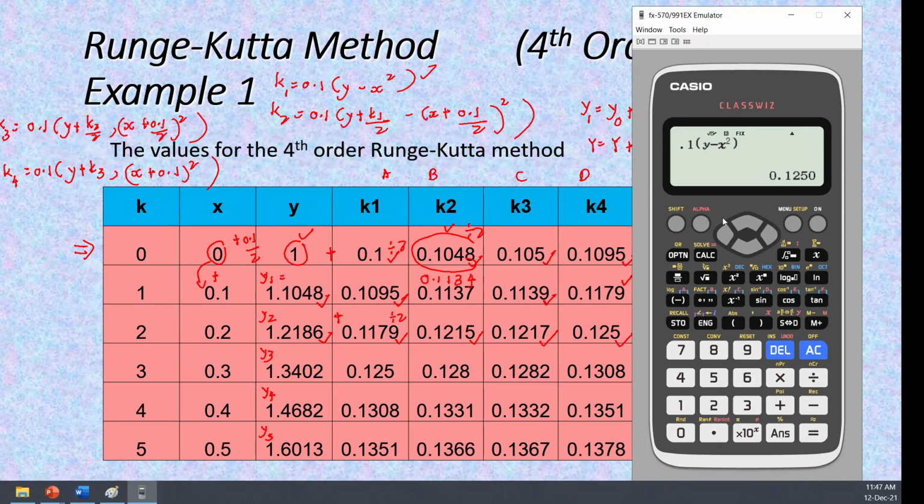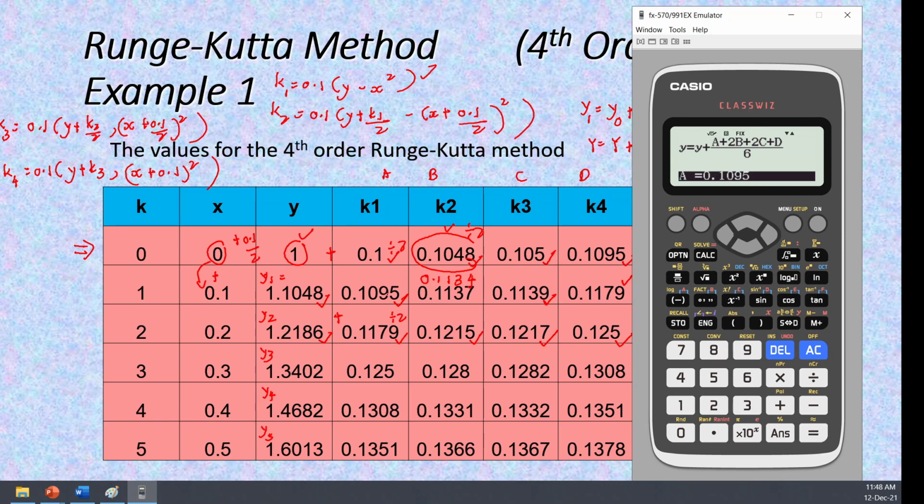And then you calculate K1, K2, K3, K4 to search back your Yi plus 1 formula. So 1 time, 2 times, 3 times, 4 times. Get back this formula and calculate. To get Y3, Y3 depends on Y2, which is 1.2186.